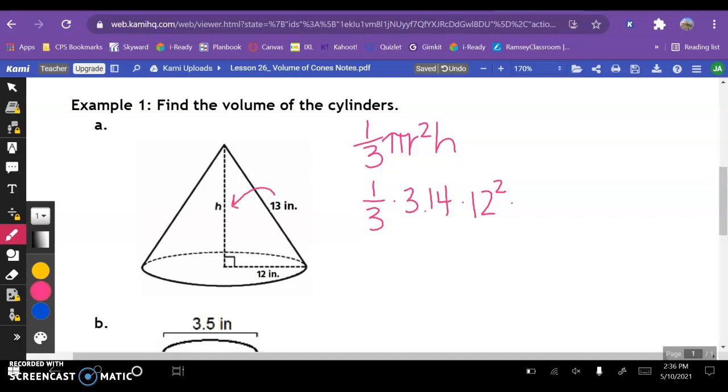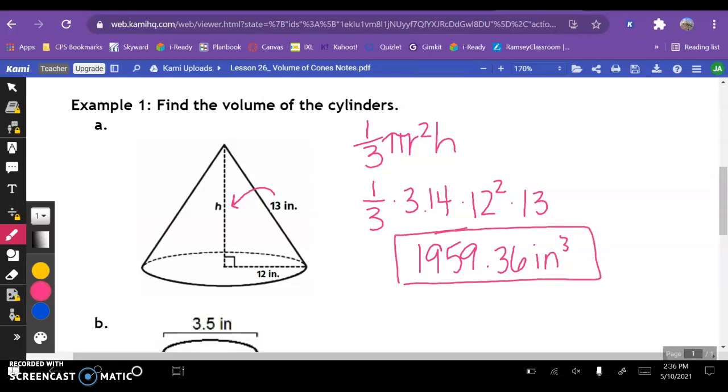That 13 should have had an arrow pointing in there, so it's 13 tall. I'm going to type that into my calculator, 1 ABC 3 for the fraction, times 3.14 times 12 squared times 13. And I get an answer of 1,959.36. This is cubic inches because it's a volume, three-dimensional.